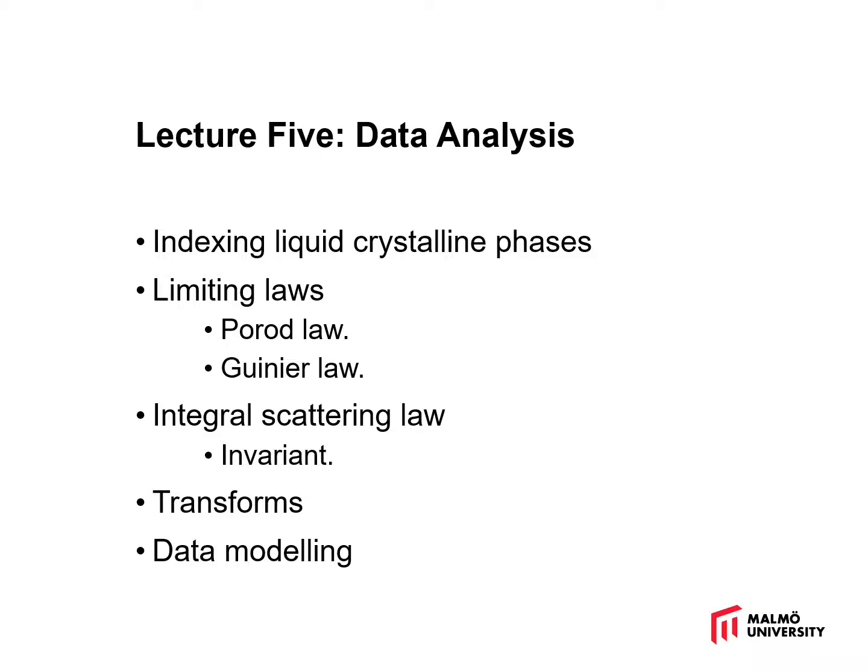So if one thinks of the scattering curve as a Fourier transform of the real space model, this is a further Fourier transform which gives us some idea of the size and the shape of particles. And finally, I'll talk about the most popular way of dealing with small angle scattering data, that is data modeling.